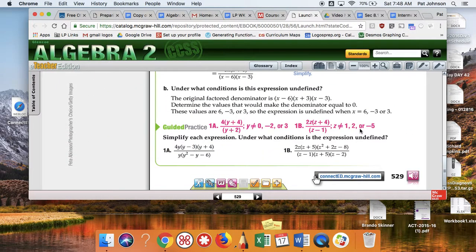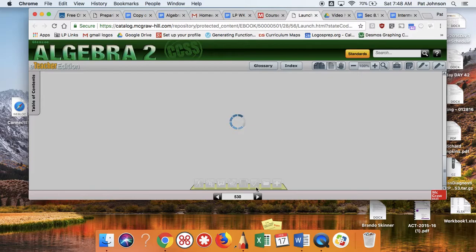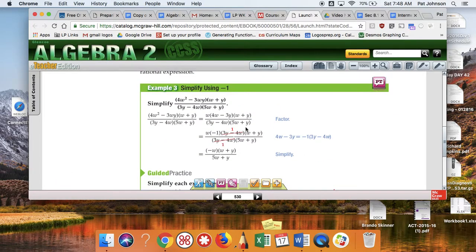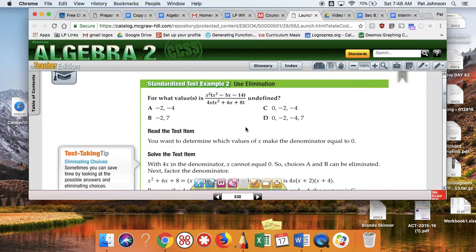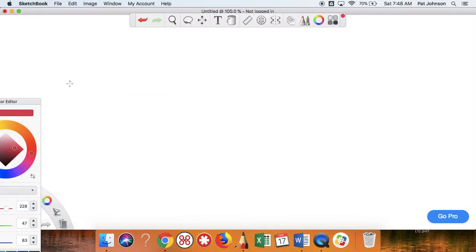So they want to know for what values this is undefined. Well, it's a fraction, so it's only undefined when the denominator is 0. So I have to take the original problem and take the denominator, which is 4x times x squared plus 6x plus 8.